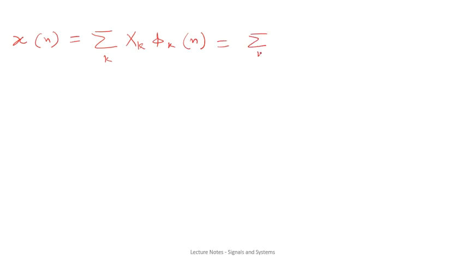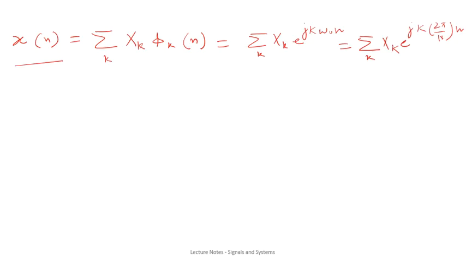Again this can be simplified to X[k] e raised to the power j k omega naught n, and if you further put the value of omega naught, then it will become e raised to the power j k 2 pi by N n. So this signal can be represented in this form.